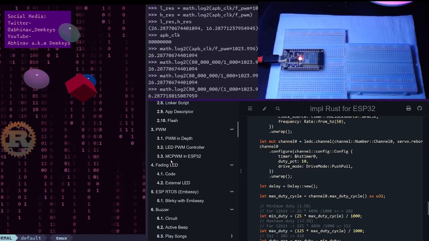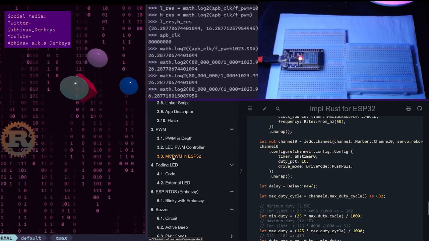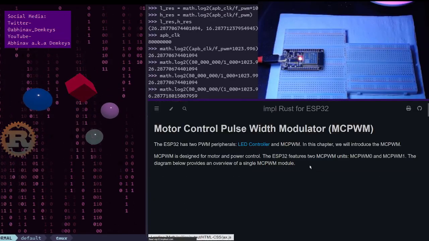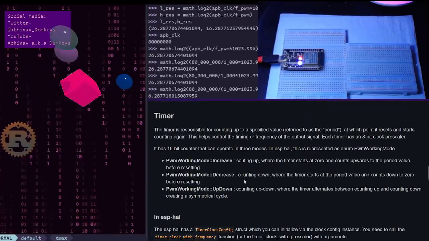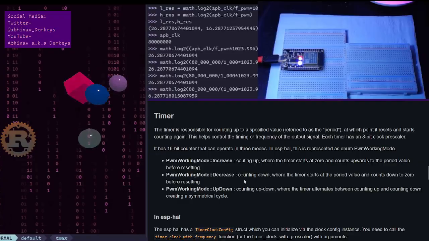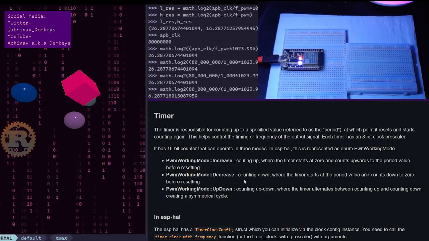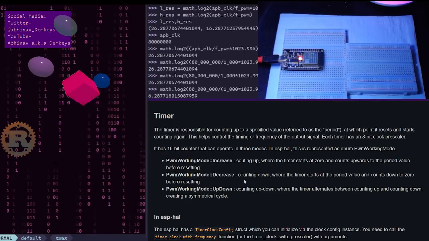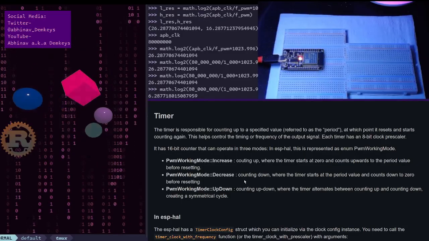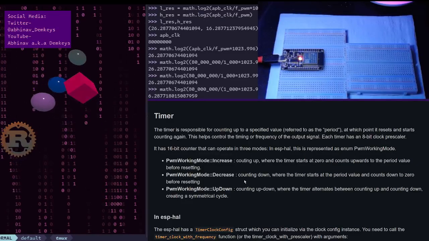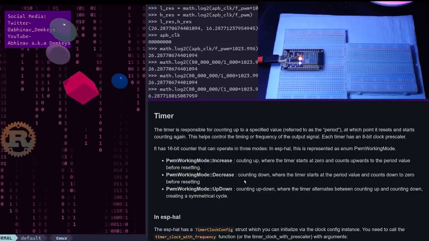Where was I? MCPWM in the ESP32. This is the page we're on. Okay, timer. The timer is responsible for counting up to a specified value referred to as the period, at which point it resets. And so basically our PWM counter starts counting again.